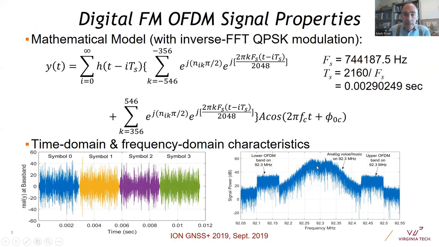Here's the analog voice part of the signal, and these two sidebands are the digital FM signals, and they're encoded using OFDM techniques, which essentially are FFTing a bunch of signals that are QPSK encoded, and the symbol interval actually is essentially one FFT batch interval with a little bit of extra because of the need to have some sort of timing guard bands.